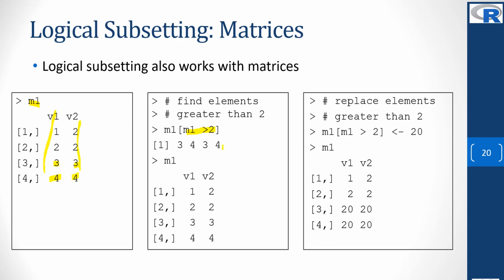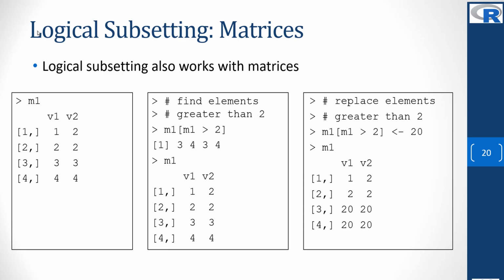And that provides us this vector that has the results from the matrix. And if we want to do a replacement, replace all the elements of M1 that are greater than 2 with the value 20. So you already saw we get 3, 4, and 3, 4 from that expression. And now we replace, instead of just extract, with the value 20 in those elements.